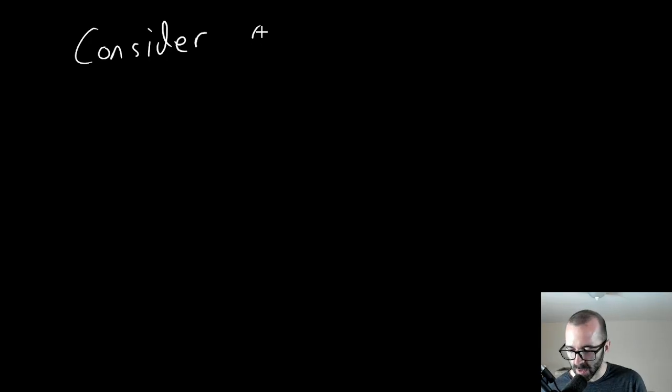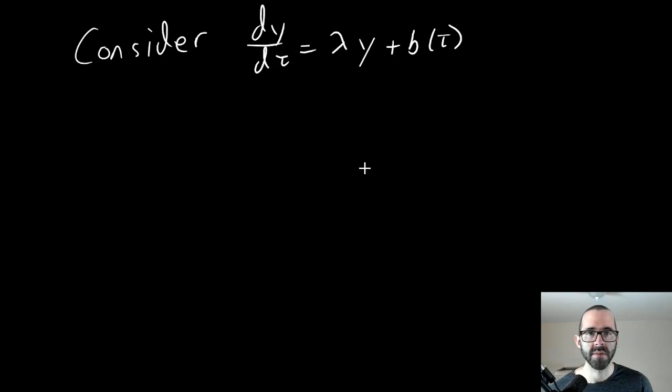So let's try to wrap this stuff up in a nice little bow. Let's consider a constant coefficient linear differential equation. We could go all the way back to the first video to remember what that was, or I could just tell you: dy/dt equals lambda times y plus b to the t.